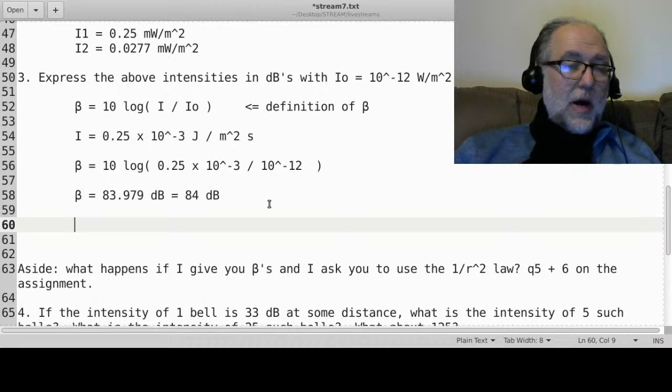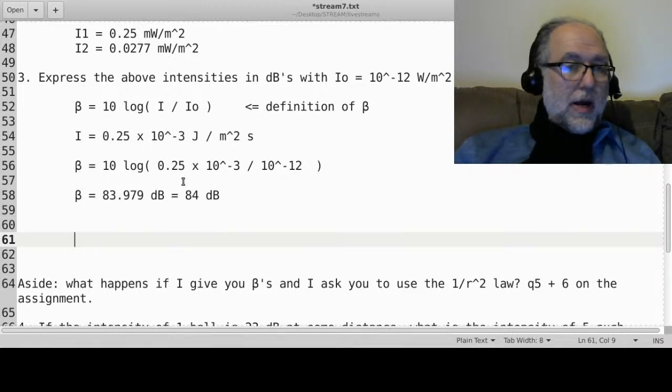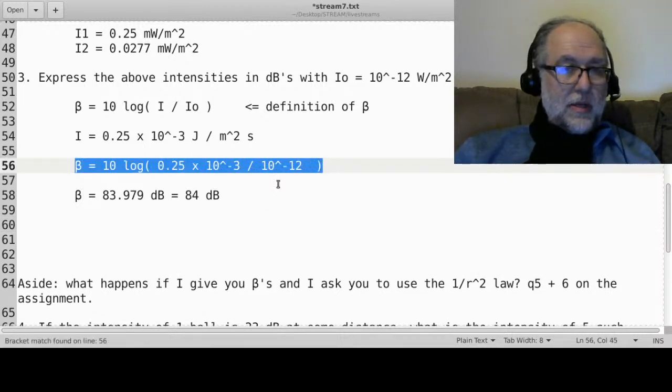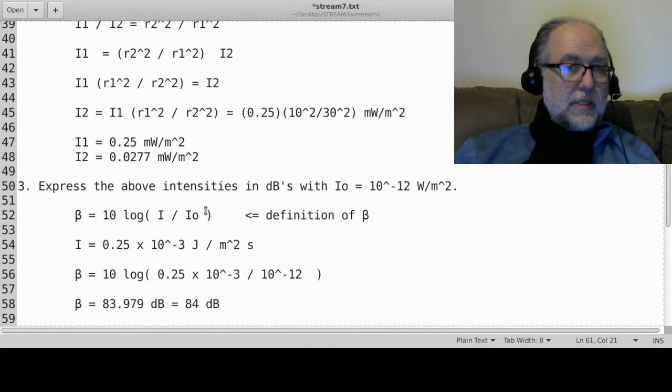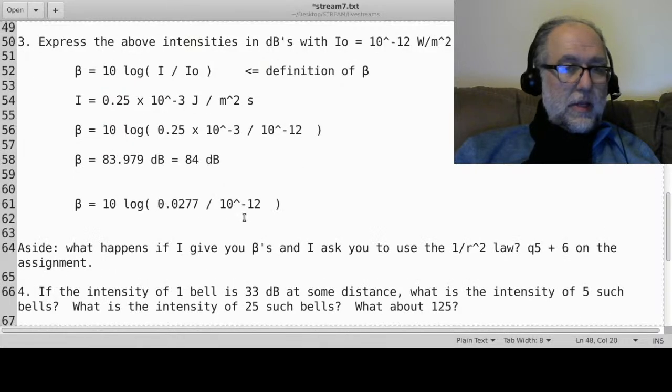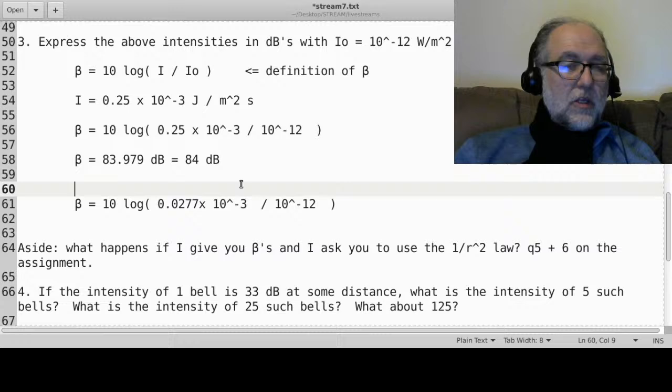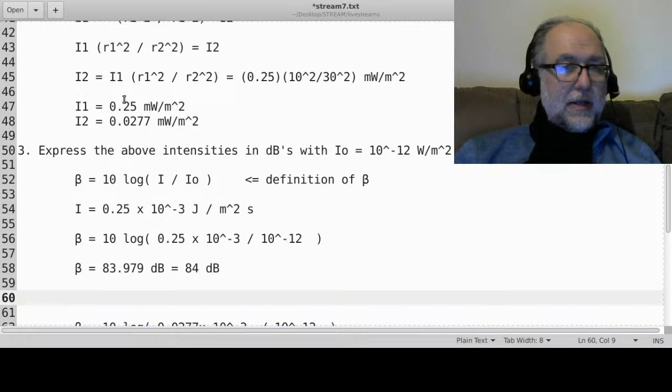And then the other one was the same formula, but now it's not that number, it's this other number right here, and I need the times 10 to the minus 3. I might have gone a little bit faster, so let me just repeat what I did there.